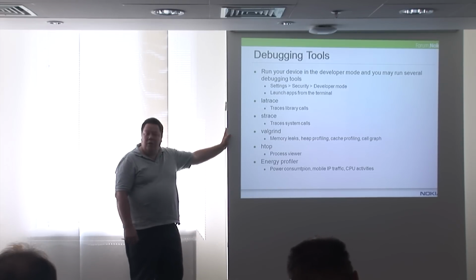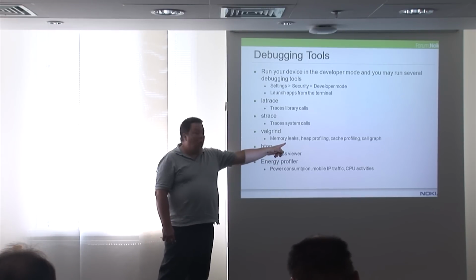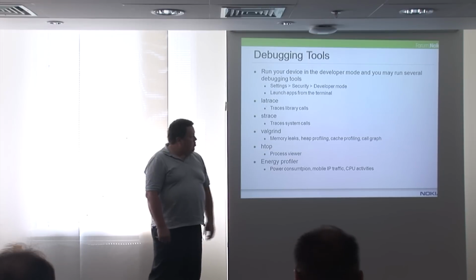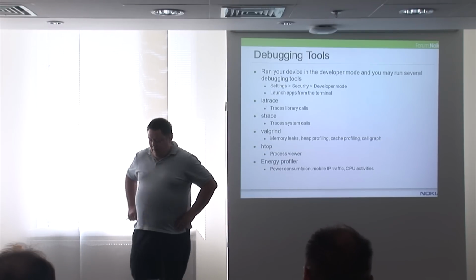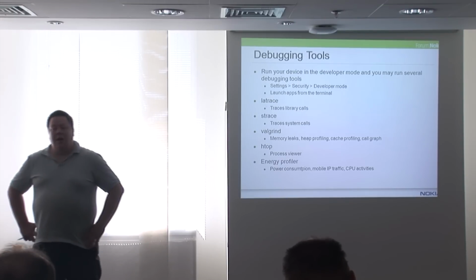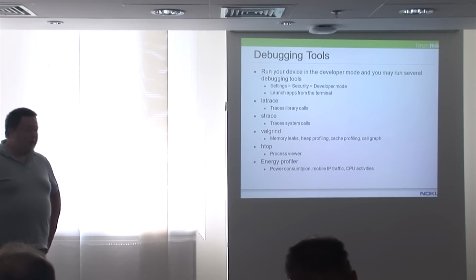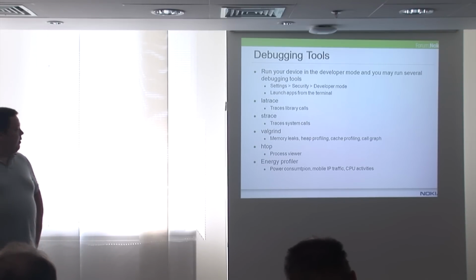Valgrind is the familiar Linux tool to detect and locate memory leaks. It can also show you the heap profiling, so how many allocated cells, how many free cells, what is the size of the largest free block, and so on you have in the heap.